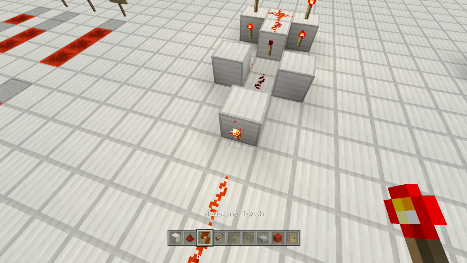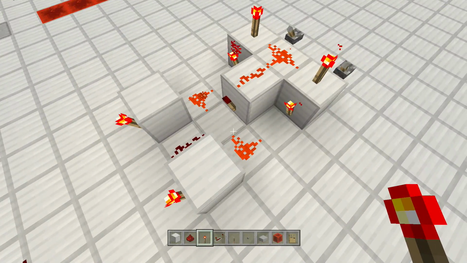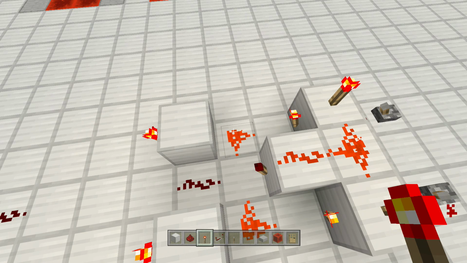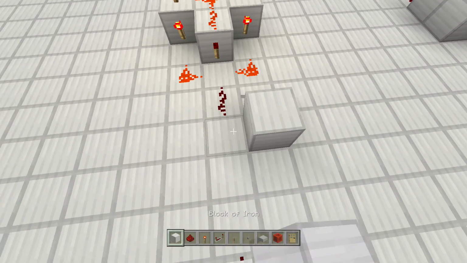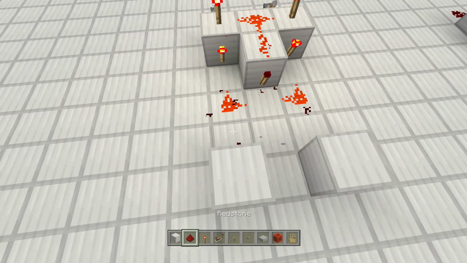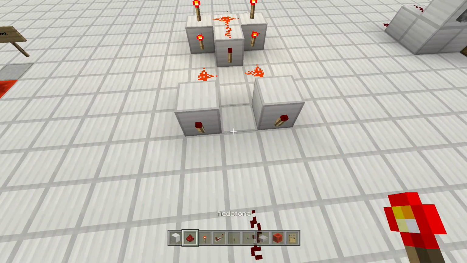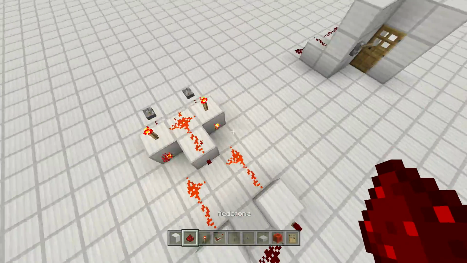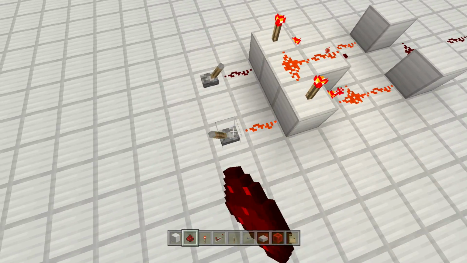So this inverter, you're gonna put it on each of these guys, and the redstone right here is twisted, so I'm gonna put these guys farther ahead so that my redstone doesn't twist like that. Connect them to the output, and now this is just like before.